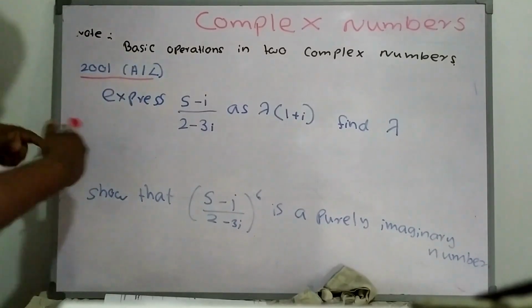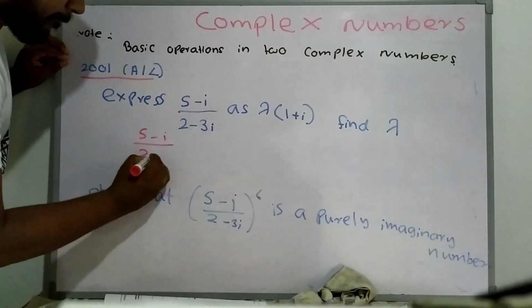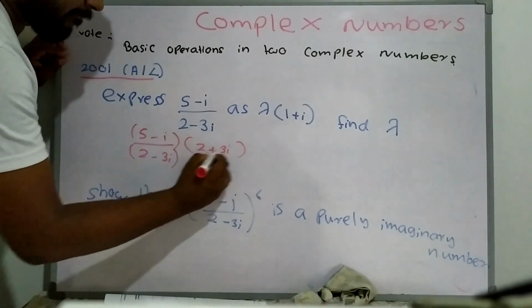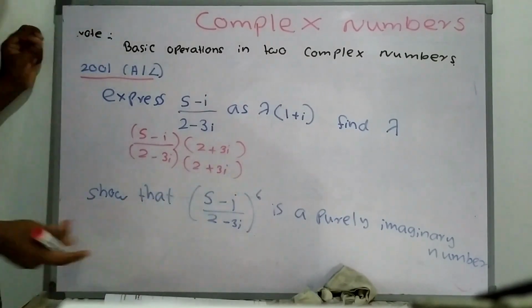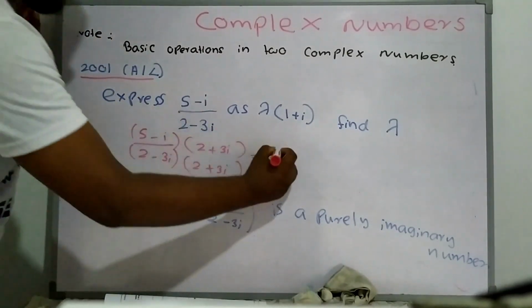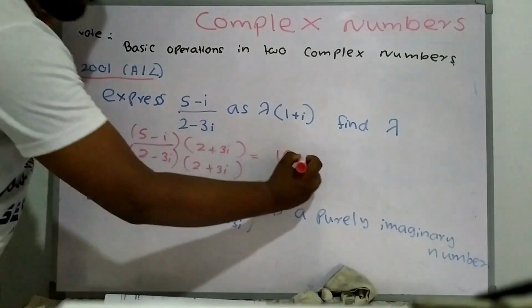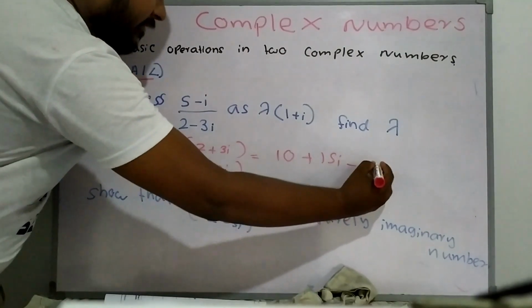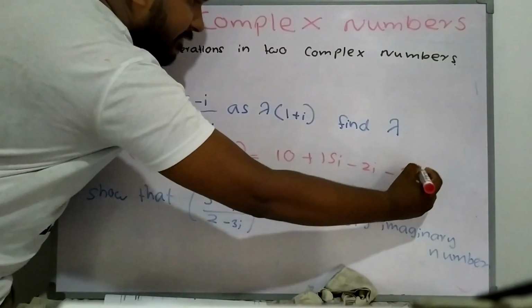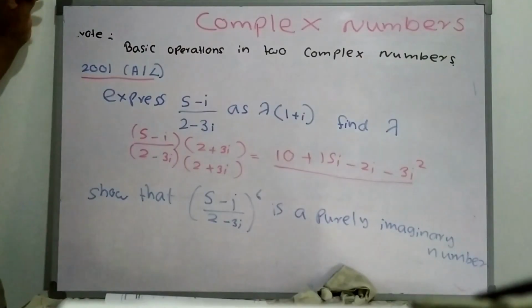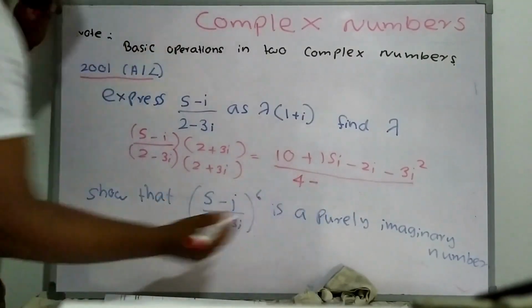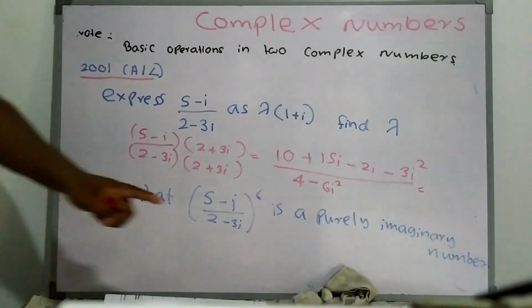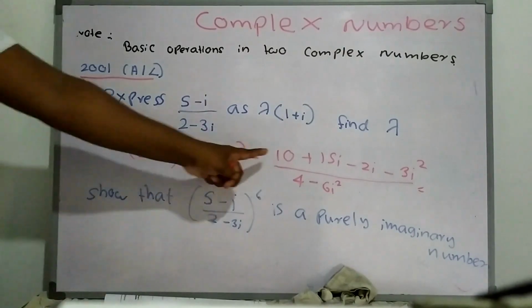What we have done, we multiply by the conjugate, 2 plus 3i, and it's 10 plus 15i minus 2i and minus 3i square over 4 minus 6i square.